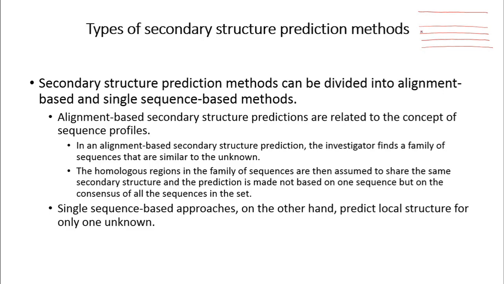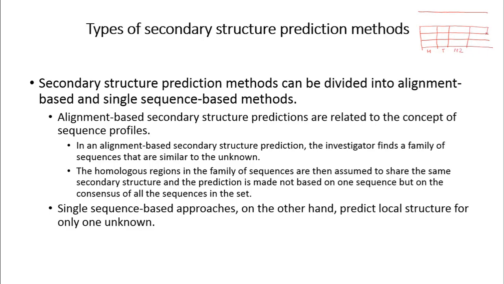Okay, and what we consider is that the secondary structure of the family members is already known, right? Say for example, in this family, for all of these family members, from here to here there is a helix. Then from here to here, there is a turn. Then from here to here, there is another helix.